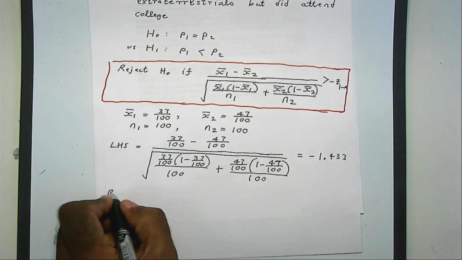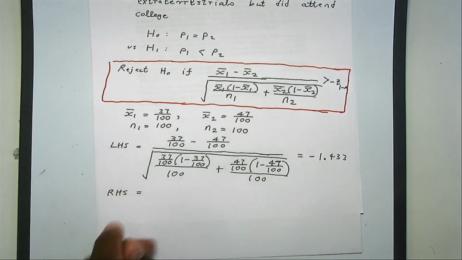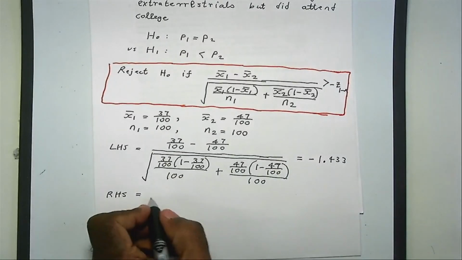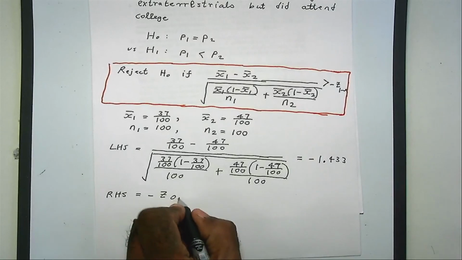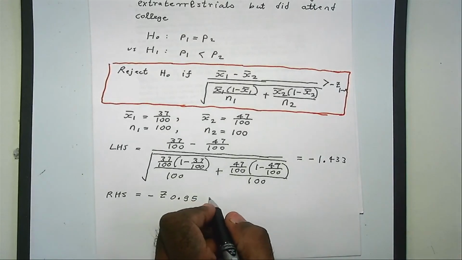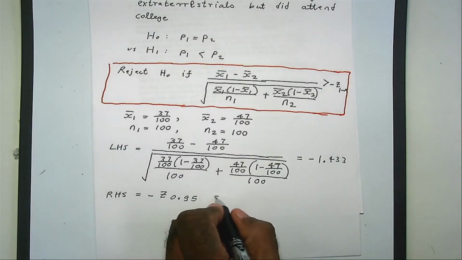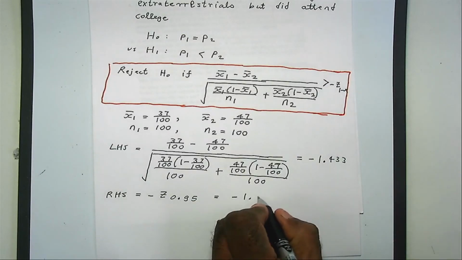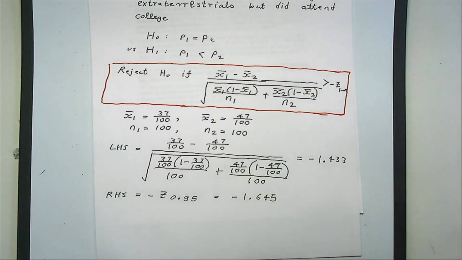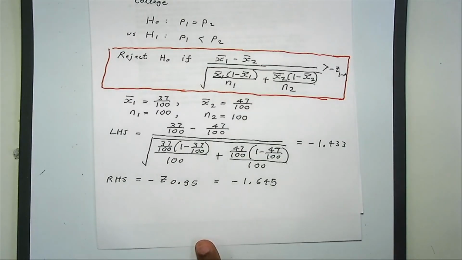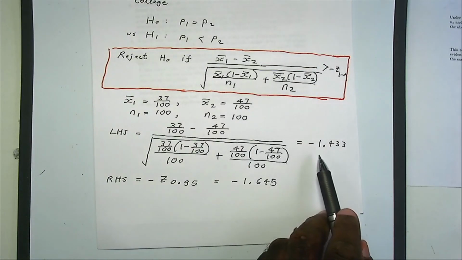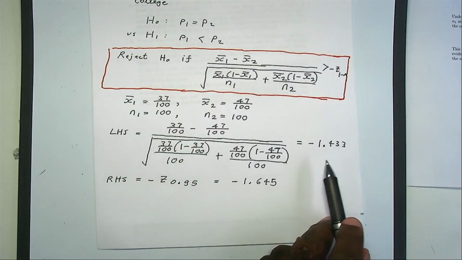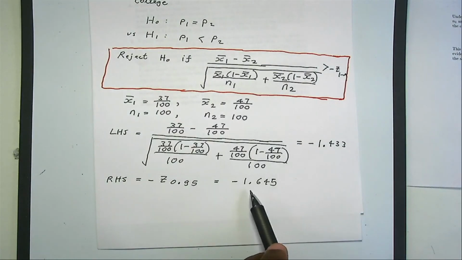Now, the right-hand side. The alpha, if you read the question, is 5%, so alpha is 0.05, so Z 0.95 is equal to minus 1.645. So what you see here is that minus 1.433 is indeed greater than minus 1.645.